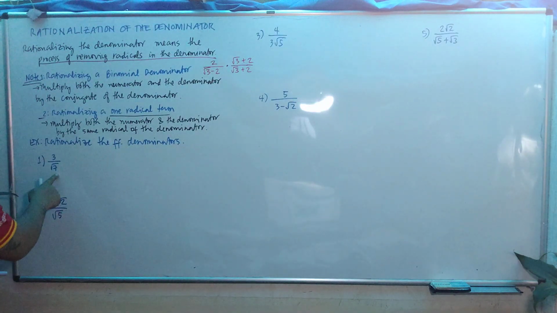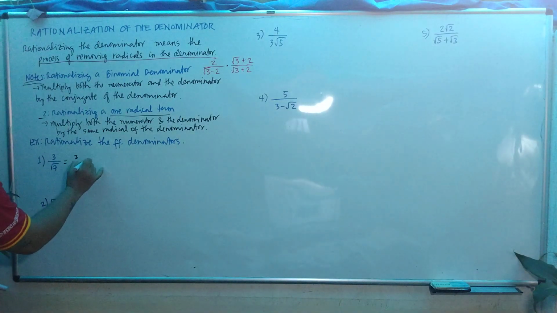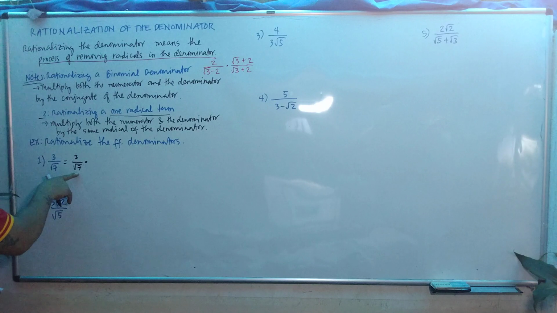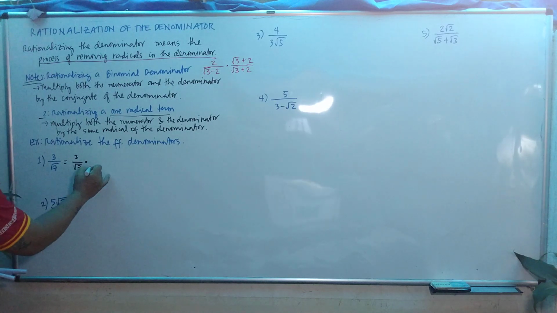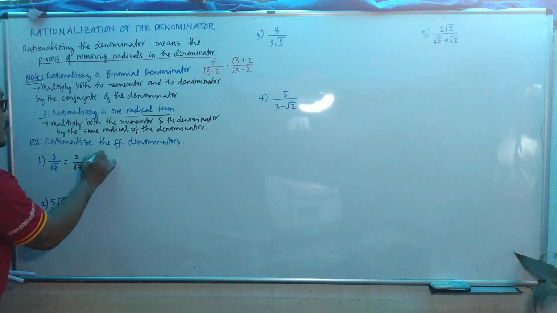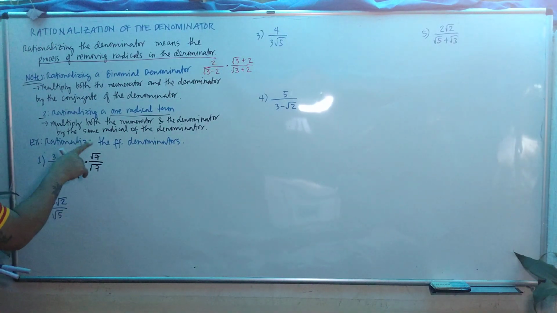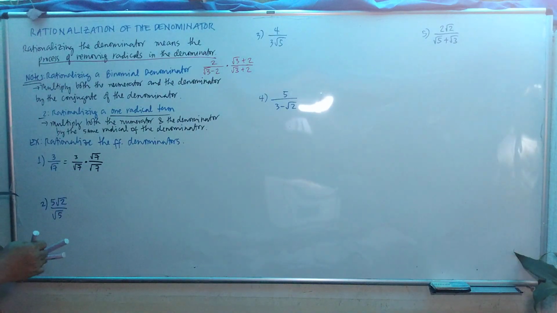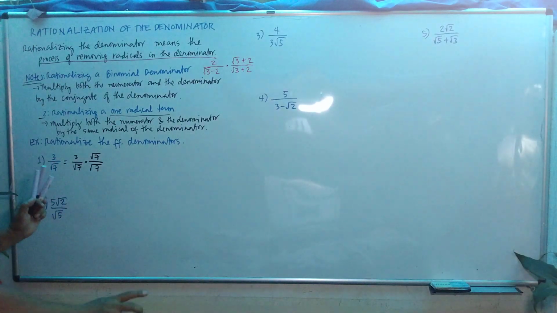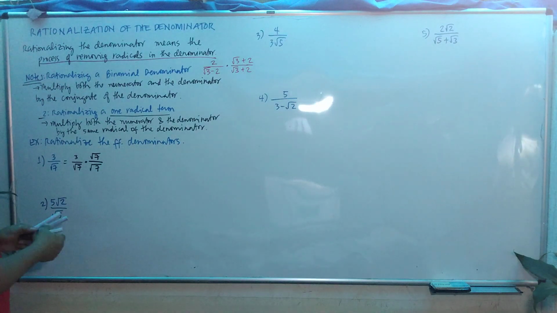The radical in the denominator is square root of 7, so you just copy it, then multiply. Since the denominator is square root of 7, we multiply by square root of 7 in both the numerator and the denominator, because our purpose again is to remove the square root or any radical in the denominator.